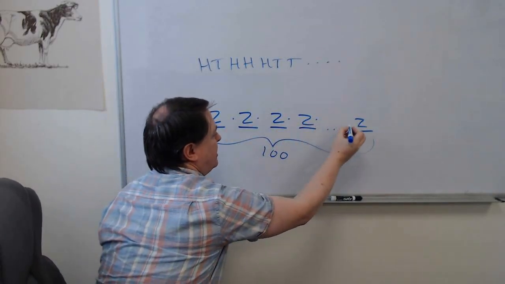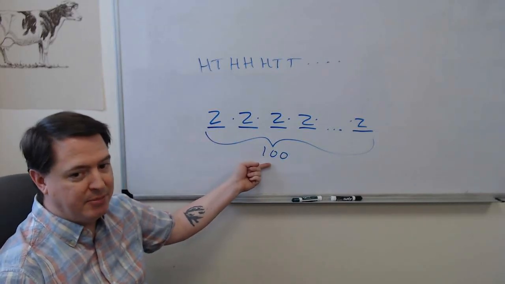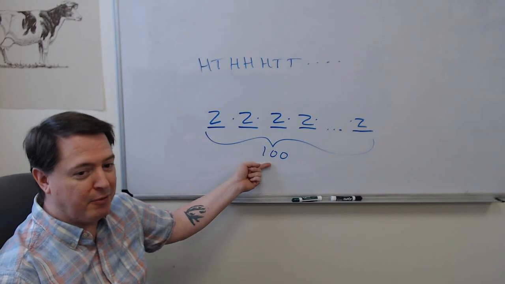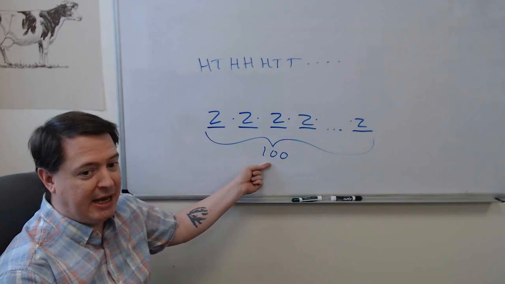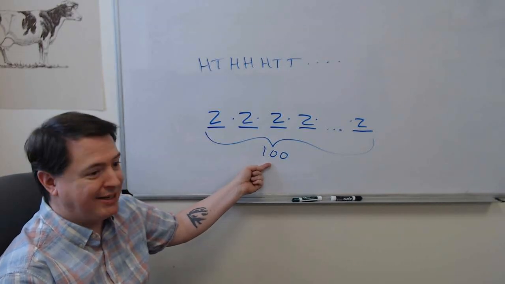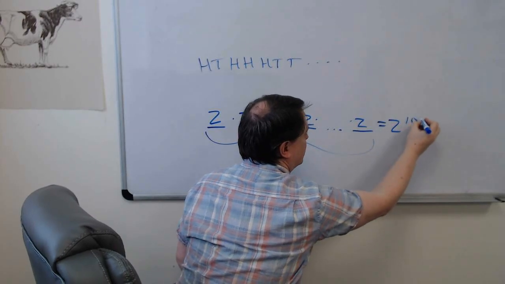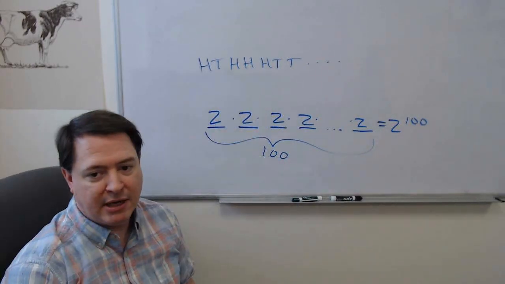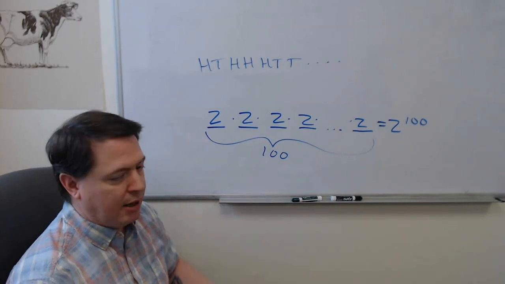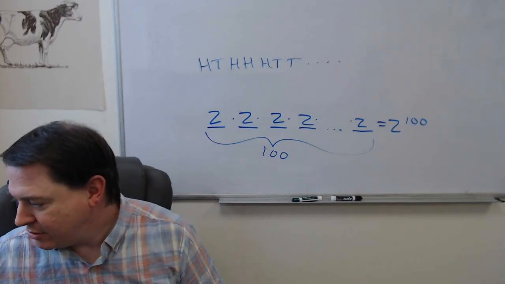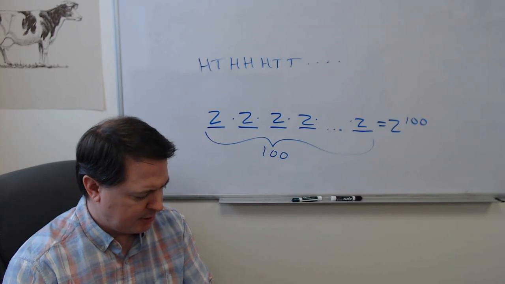So if I multiply 2 times 2 times 2 times 2 times 2 100 times, I hope all of you have seen enough math that you're getting that we don't actually have to put that in our calculator 100 different times. What is this really? That's what 2 to the 100th power is. That's what 2 to the 100th power means: 2 times 2 times 2 times 2, 100 times. Okay? So if I do 2 to the 100th power, hopefully my calculator doesn't explode.